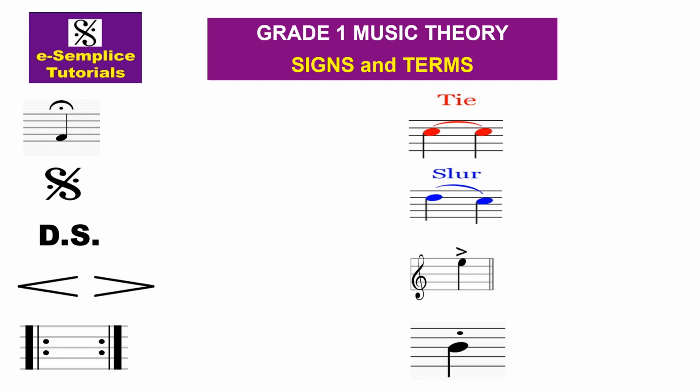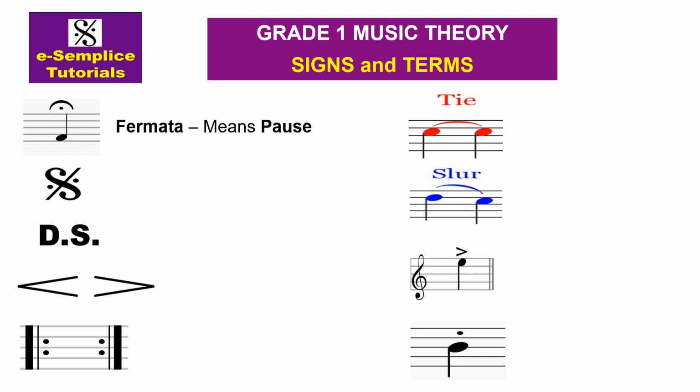Know and be able to identify all the signs and terms relating to your grade. We are looking at grade 1 signs and terms here. You should be able to identify the signs and know the meaning of each sign, because you will definitely be asked in the exam. Now let's go over this.